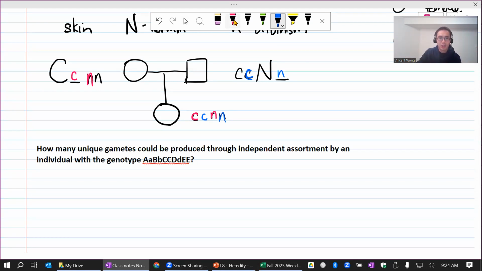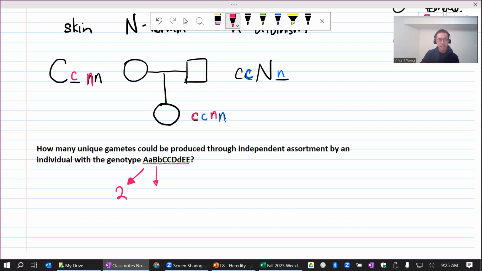All right. So what we do instead is we look at each allele individually. For allele A, how many different possibilities? Well, it's heterozygous, so the person can either pass on a big A or a small a. Two combinations.